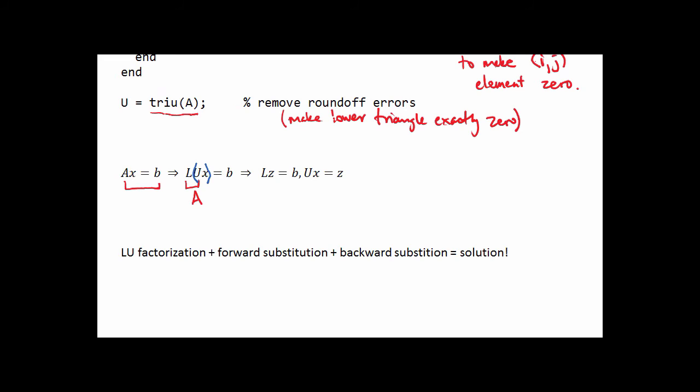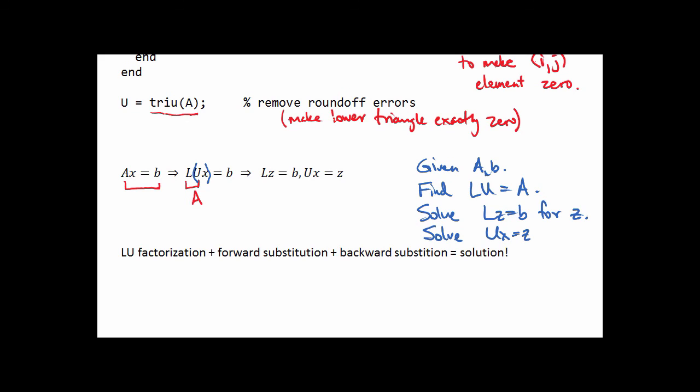So algorithmically, we're given A and B. Find L and U, factorize A. And you solve LZ equals B for Z. So you know L and B, you can find Z. That's a forward substitution. And then you solve UX equals Z for X, and that's a backward substitution.